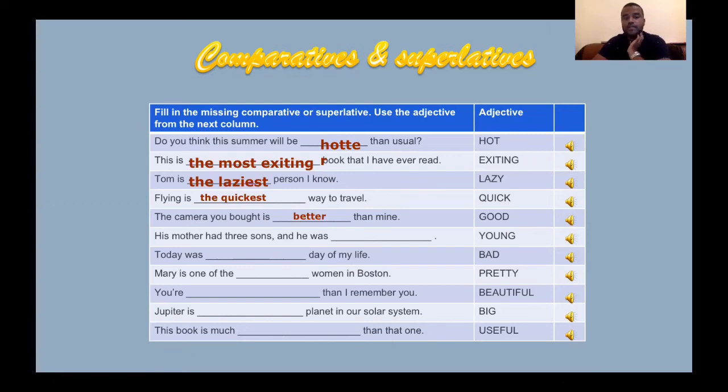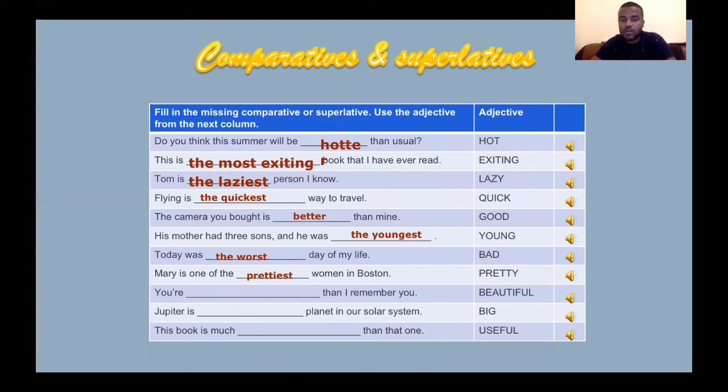This mother had three sons, and he was the youngest. Today was bad day of my life. Today was the worst day of my life. Mary is one of the prettiest women in Boston. You are beautiful than I remember.